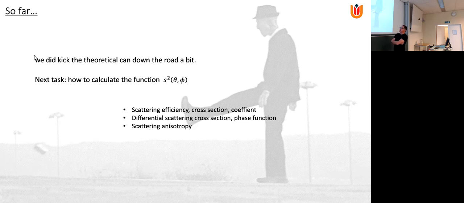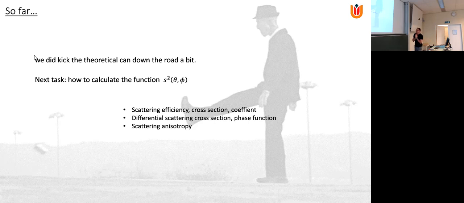And then this directionality was captured into a couple of functions of theta and phi. For the electric field, we had the amplitude function, capital S of theta and phi. If we squared that, multiplying it with its complex conjugate, we had the s squared function, small s squared.